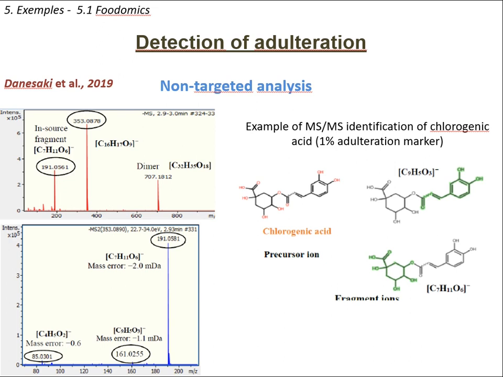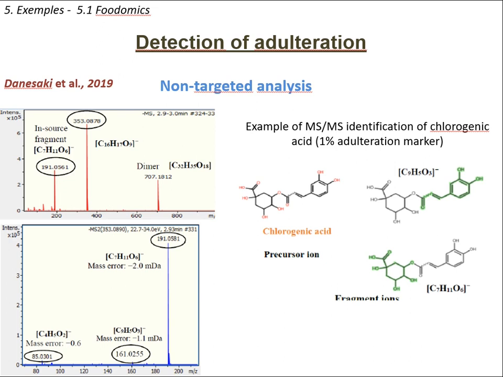So you have in-source fragments on the upper mass spectrum in red, and then you have MSMS fragments. You find some interesting ions like the dimer with a mass of 707. So it's 2M minus H minus. And then you have M minus H minus, which is 353.